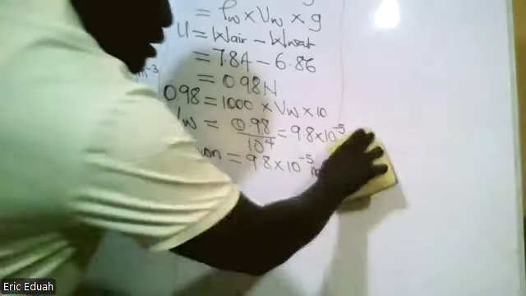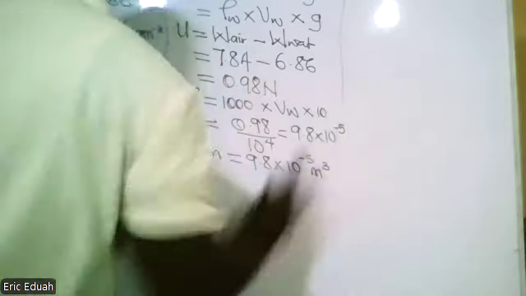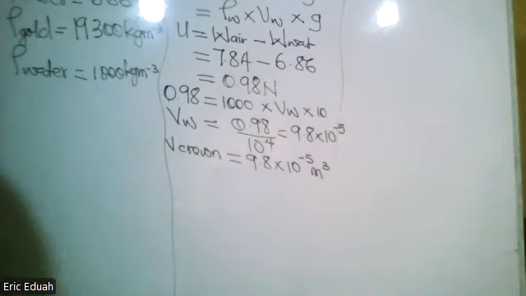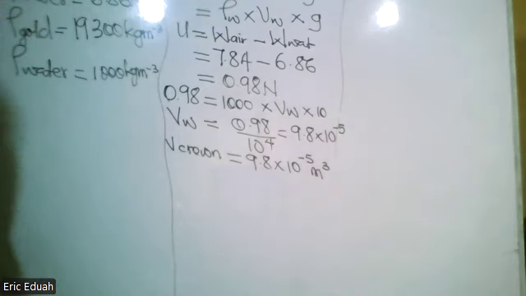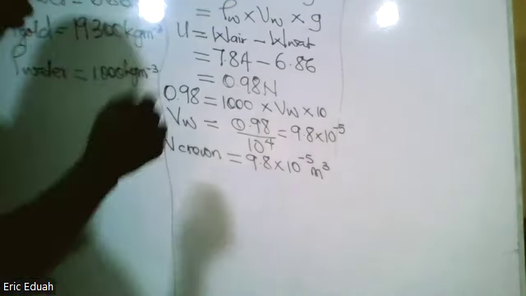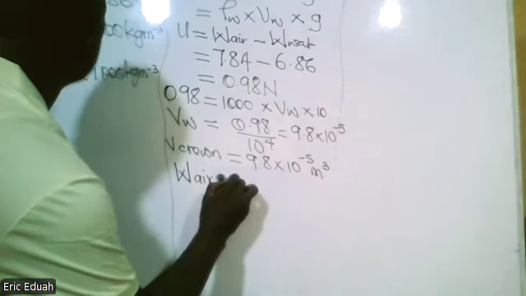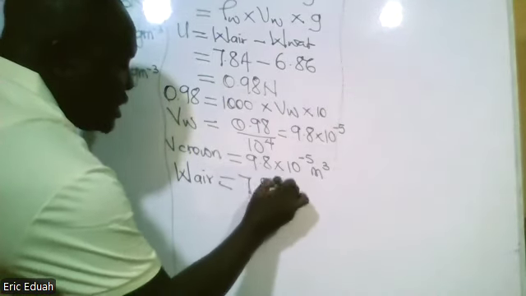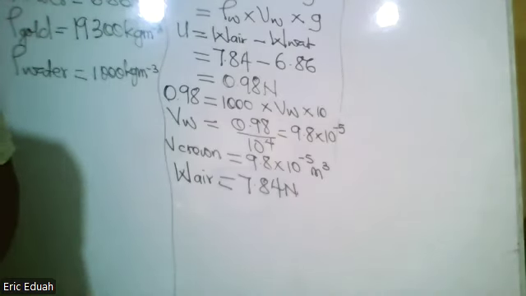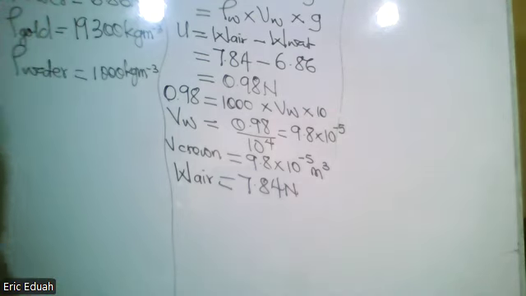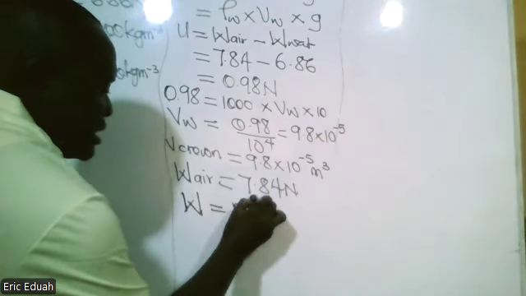Then we determine, since we are looking for the density of the crown, we find the mass. But once we have the weight in air, which is 7.84 Newton, we can quickly do that without calculating for the mass before, because weight is equal to mass times gravity.